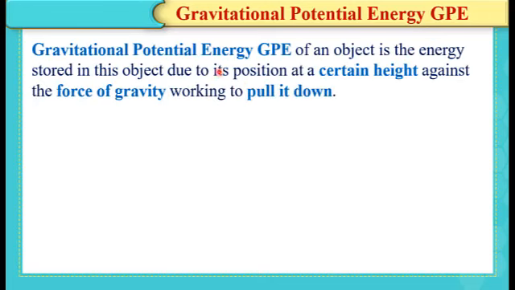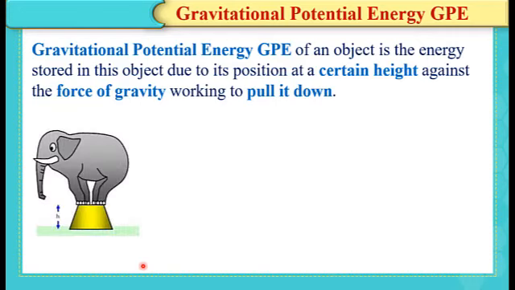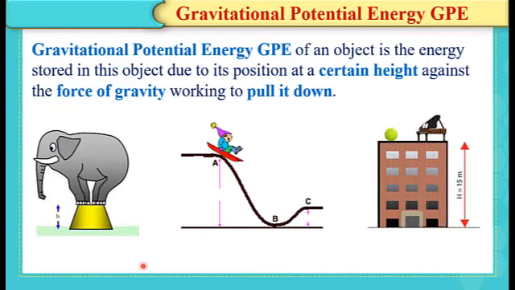Gravitational potential energy of an object is the energy stored in this object due to its position at a certain height against the force of gravity working to pull it down. For example, the elephant, the boy, the piano, and the ball possess gravitational potential energy as the result of the vertical position or height.